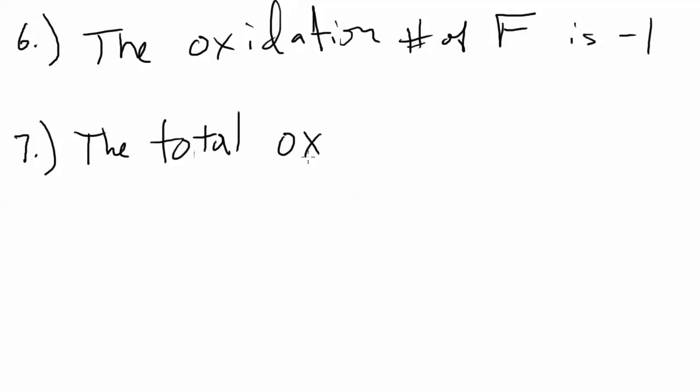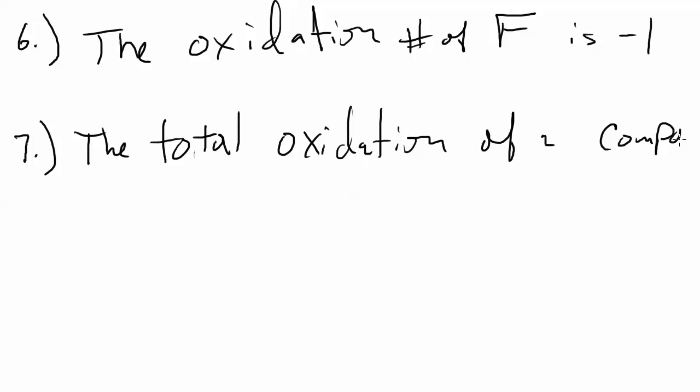The first one of those is that the total oxidation of a compound must be 0. So in other words, if you add up all of the oxidation numbers in a compound, you have to get 0. And so we can use that to figure out some of the oxidation numbers that we don't have rules for. And I'm going to show you that in just a second.